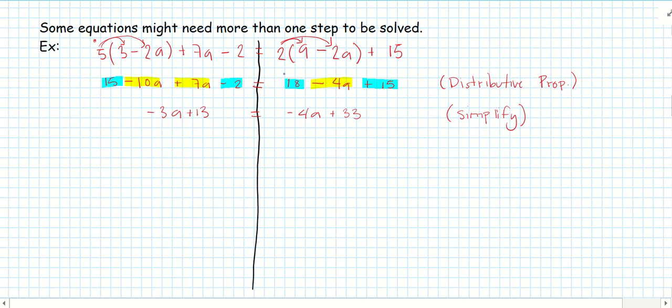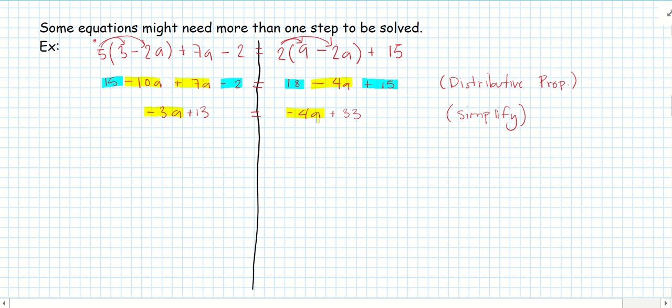Okay. We simplified by combining the like terms. Now, from here, notice how we have negative 3a on the left side and negative 4a on the right side. Remember what I said, to isolate a variable means to get every single term with the variable on one side of the equation.